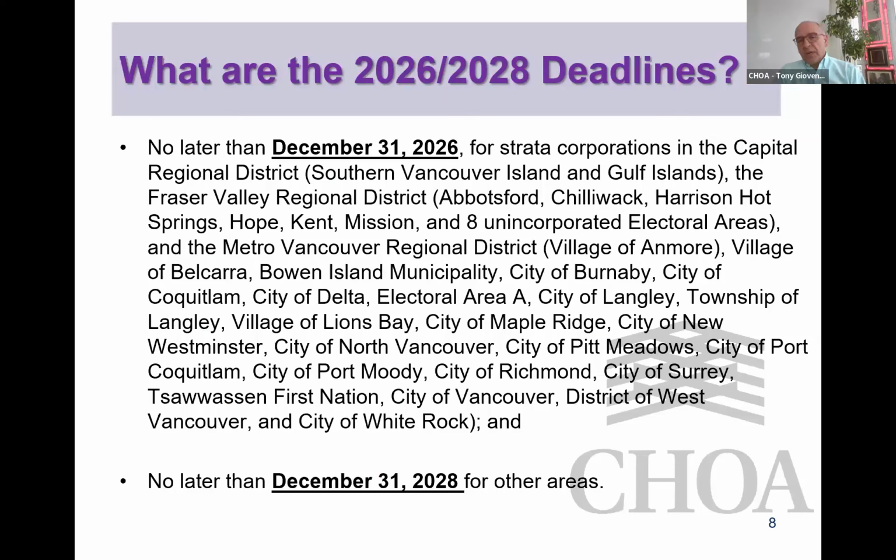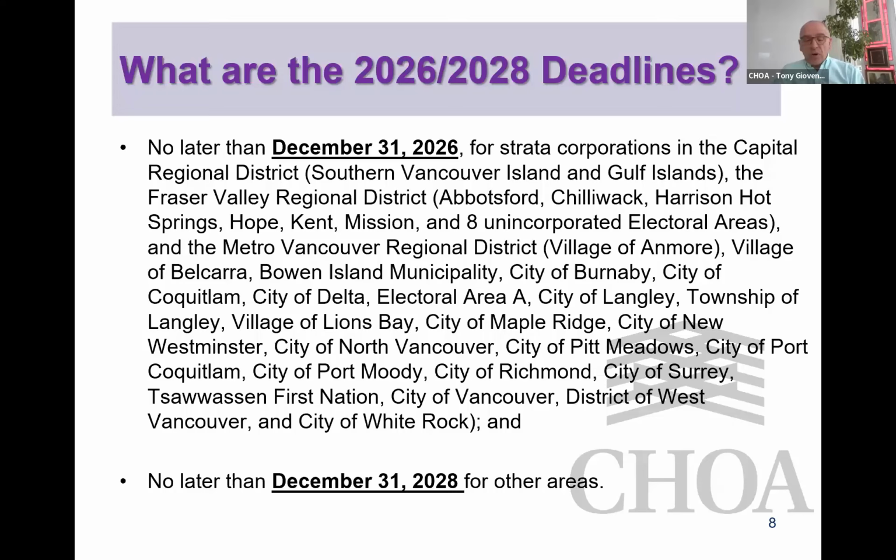So we have a bulletin with a number of these information details in it. I'm not going to read it and go through it, but here's the two basic areas for the deadlines. 2026, as I said earlier, is basically Fraser Valley, Metro Vancouver, and the south of Vancouver Island and the Gulf Islands. So that's this year. End of this year, do your best to get the process started, to get your reports done by this time.